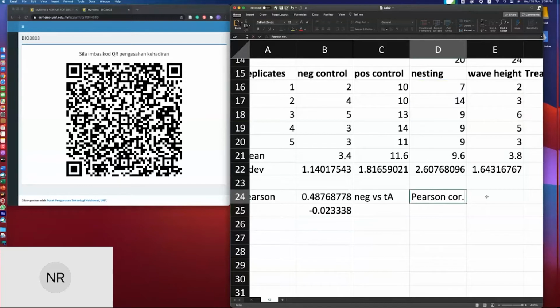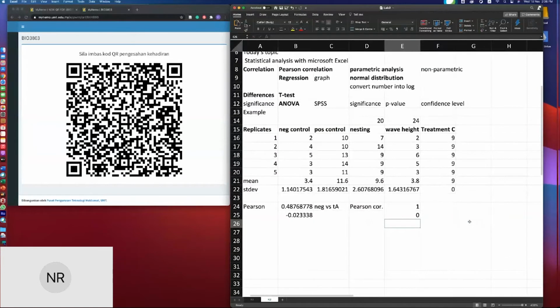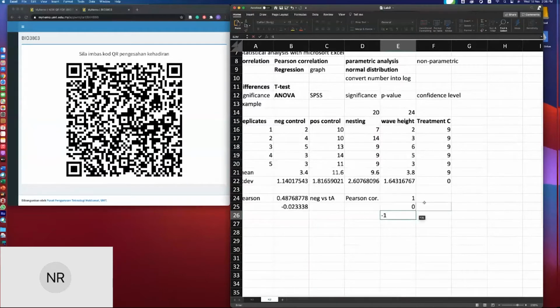the highest number is 1. The lowest number is negative 1. Alright, Pearson correlation. So what does it mean by negative 1, 0, and 1?